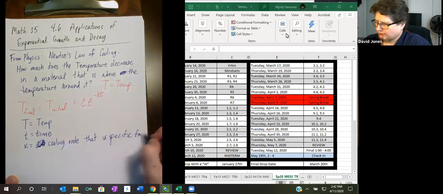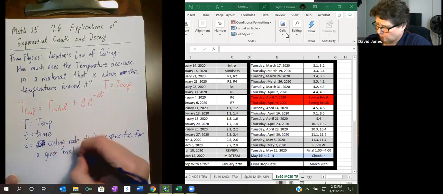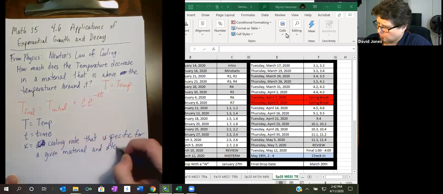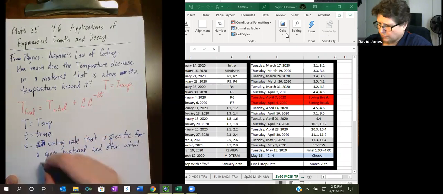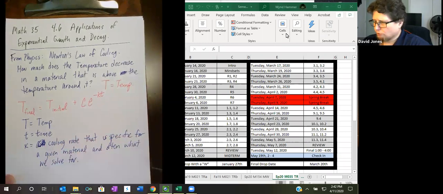For a given material, it's usually what we're solving for. Once we have it, we can start figuring out final temperature after a given amount of time, no matter what the product is. So let's just look at how we'd go through solving this.